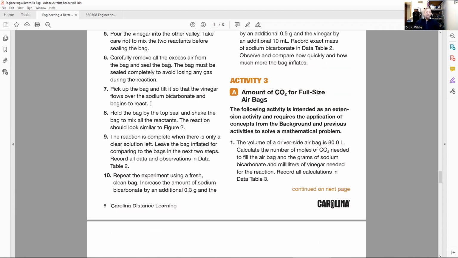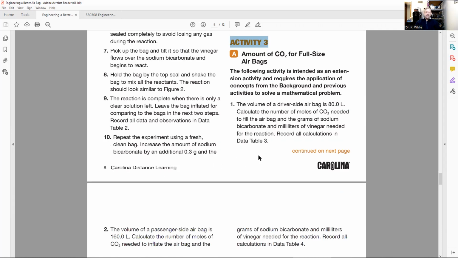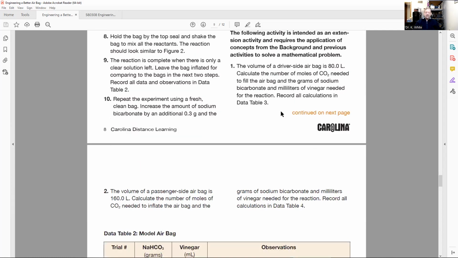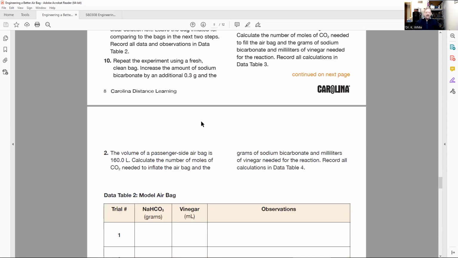All right, now in activity 3, they're asking you to just do calculations. What they're asking you to do is the calculations you did in activity 1, but instead of using 1.2 liters for the volume, you'll use 80 liters for one calculation and 160 liters for the other.